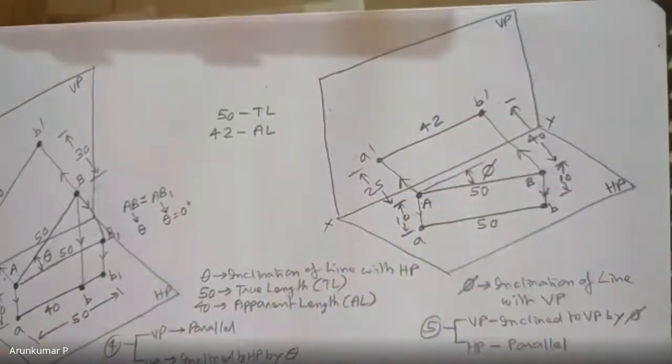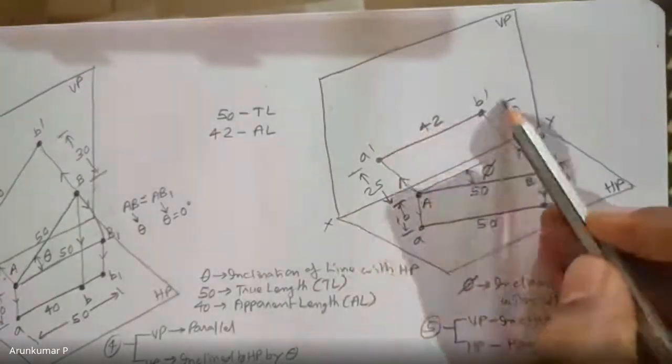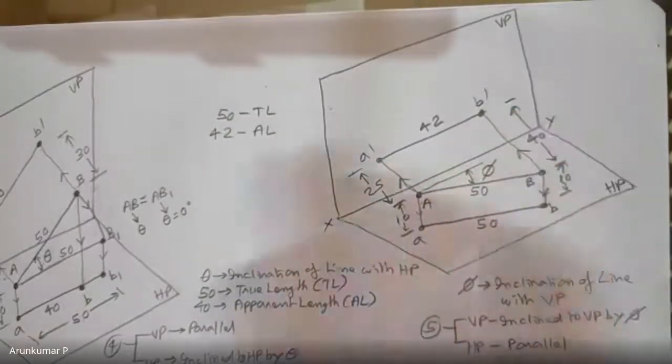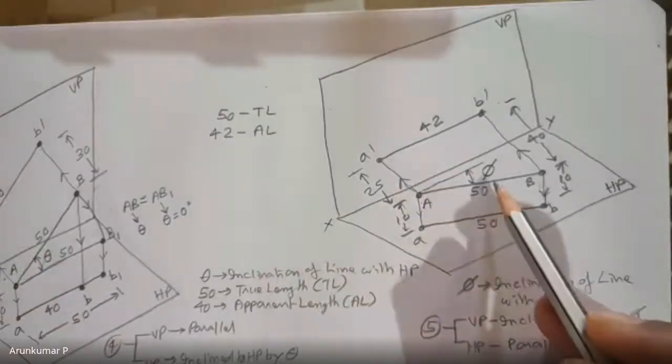So now, is there any way by which I can get the true length in the front view itself? What should I do to get the true length in the front view itself? If I want the 50 mm length in the front view, what can I do by construction? Phi is equal to 0. Exactly. Make phi 0.